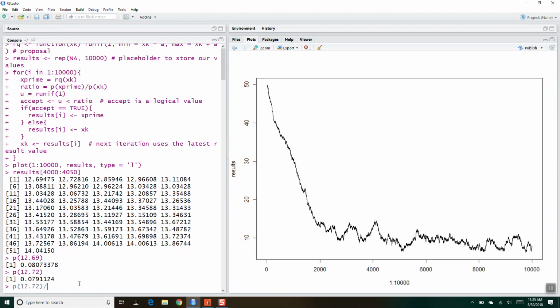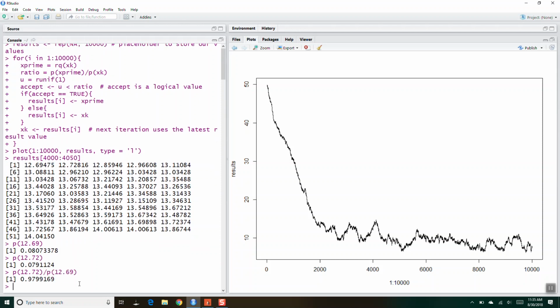So if I do probability of the proposed divided by probability of the current, that ratio is like 98%, okay? So we're going to accept this proposed value with probability 0.98, okay? So we're almost always going to be accepting these nearby values.